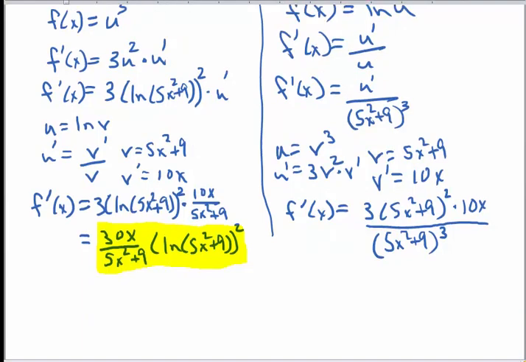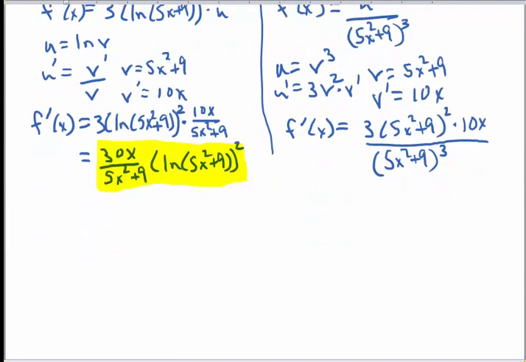And of course, the nice thing here is that this will actually simplify, because this will cancel out with 2 of those, and I'll end up with just 30x over 5x squared plus 9.